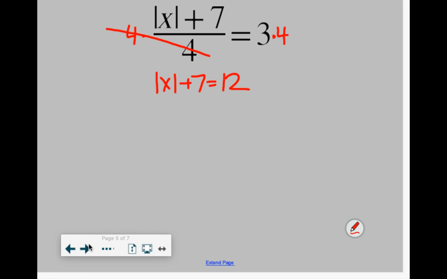You do not actually multiply the 4 on the left side. You're just using that 4 and dropping it. Then we're going to subtract that 7. I don't think that step has anything too difficult. 12 minus 7 is 5. Then, to get rid of the bars, you have to say 5 and negative 5.